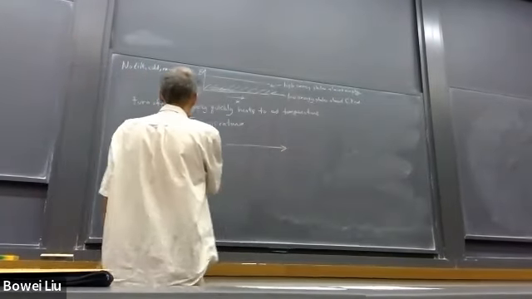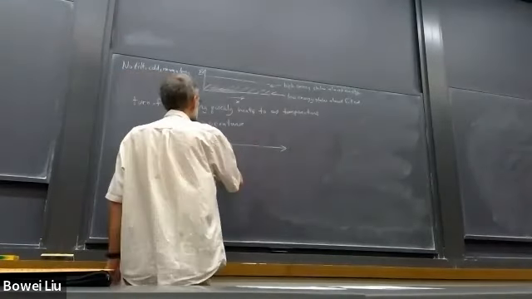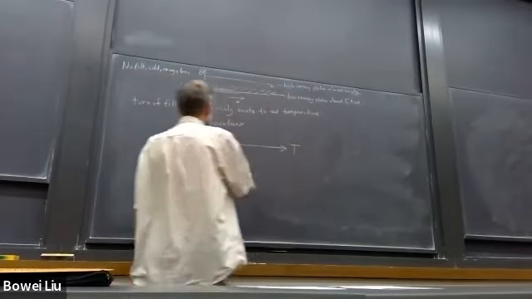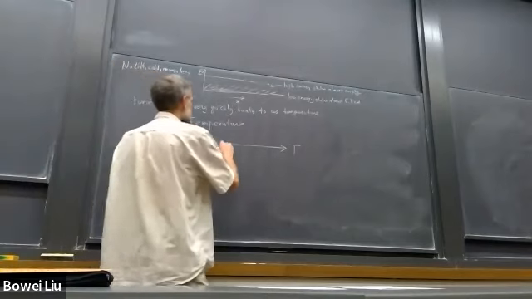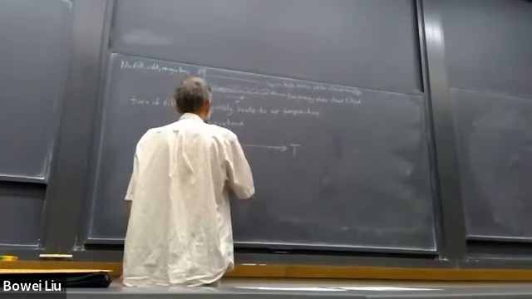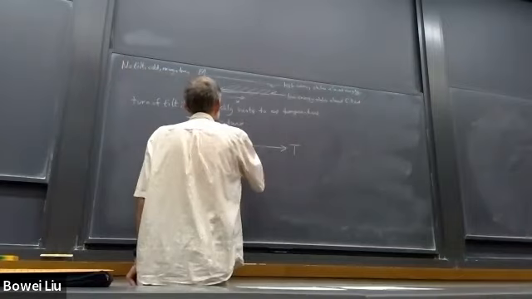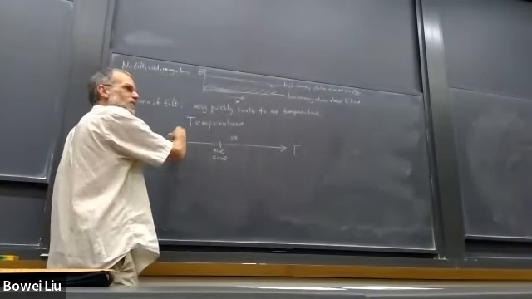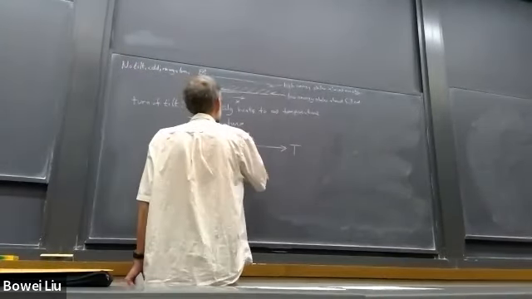And then as you raise the temperature, you raise the energy. The middle of the temperature scale is infinity. Infinite temperature is the middle of the temperature scale. And then you go to negative temperature, right? So plus infinity is the same thing as minus infinity. So this is the temperature we're used to. Positive temperature, you go to higher temperature, things are warmer, higher energy. Over here is negative temperature.